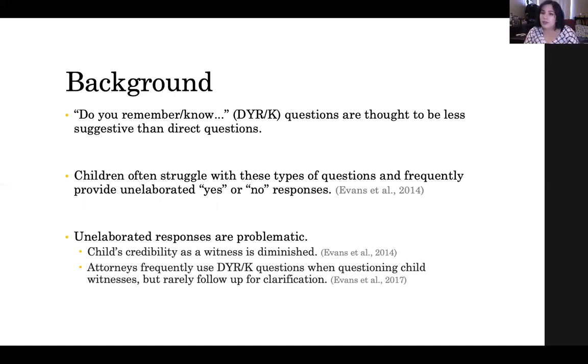And we also know that attorneys frequently ask these types of questions to children in court, but they frequently fail to follow up and clarify whether the child was answering the literal or the implicit question.